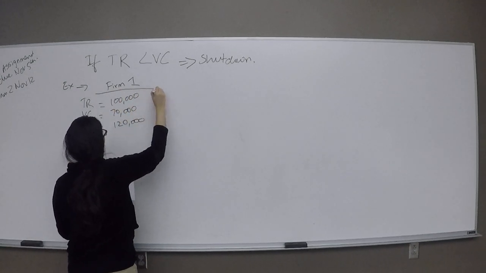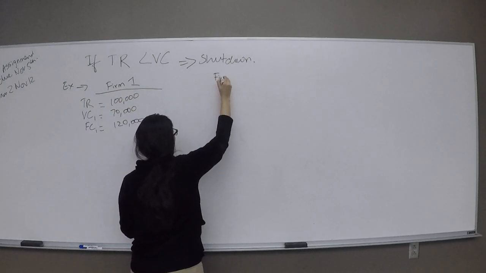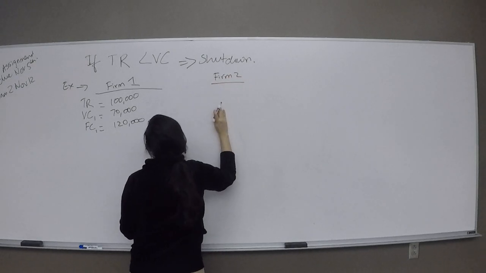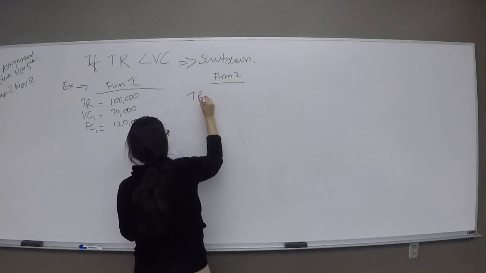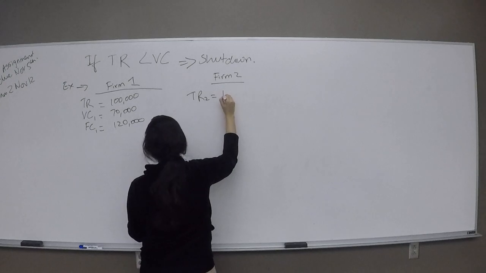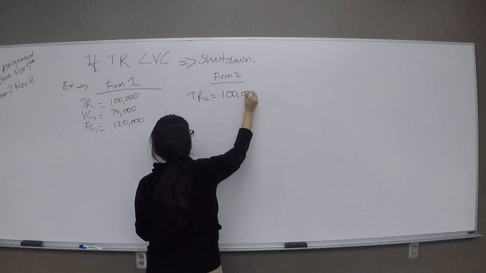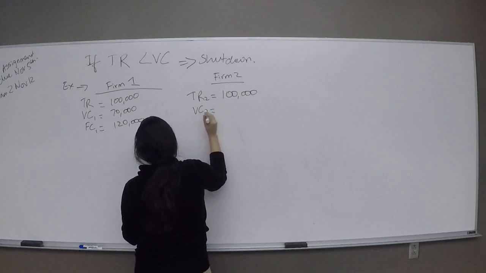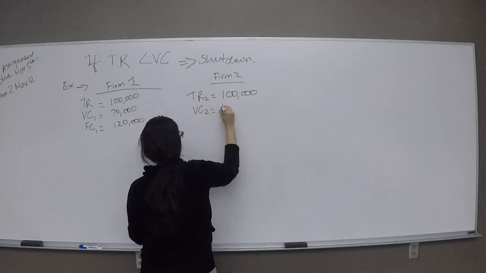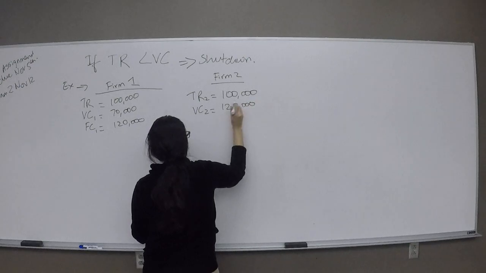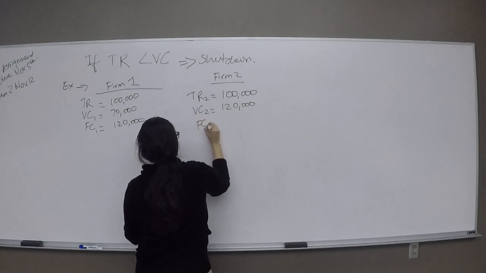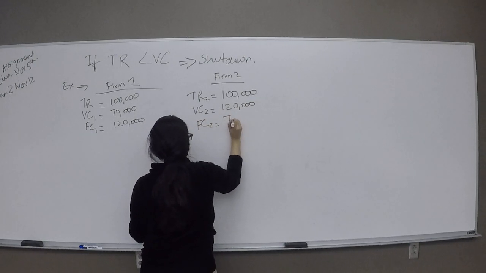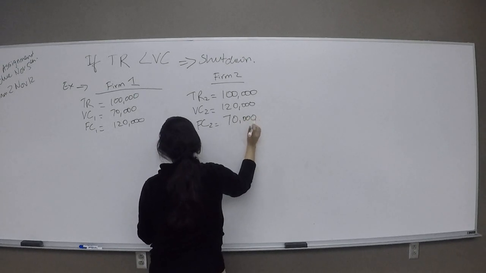So this is firm 1. Firm 2, total revenue of firm 2 is also 100,000. Variable cost is greater than firm 1, 120,000. And fixed cost is equal to 70,000.